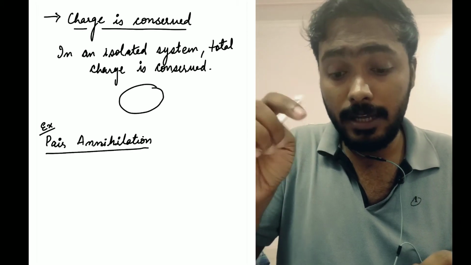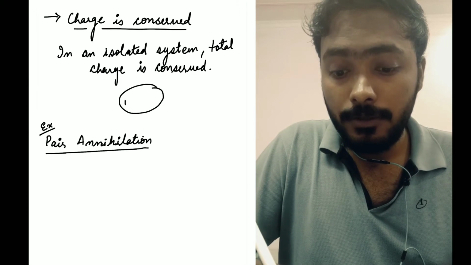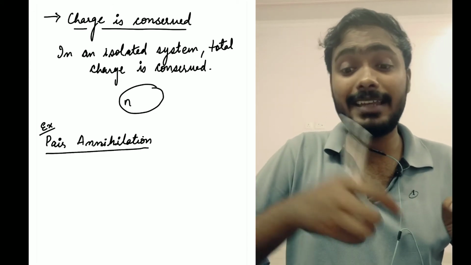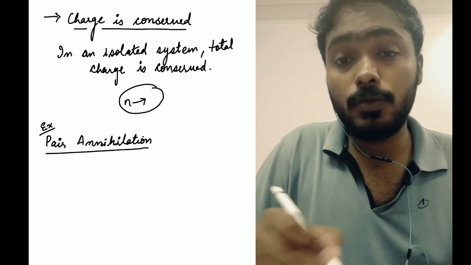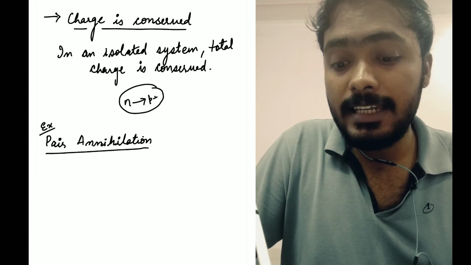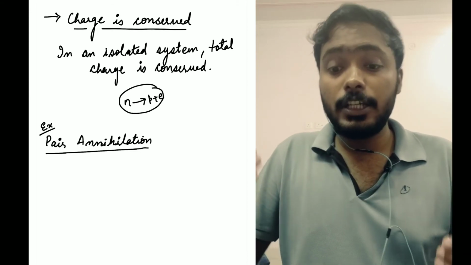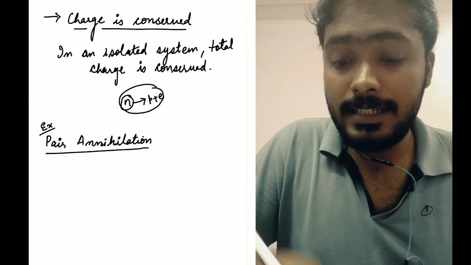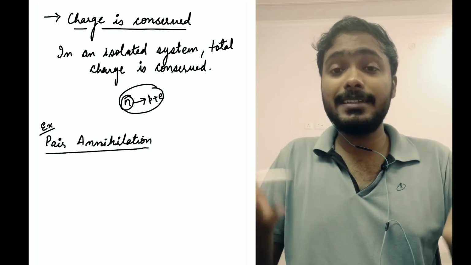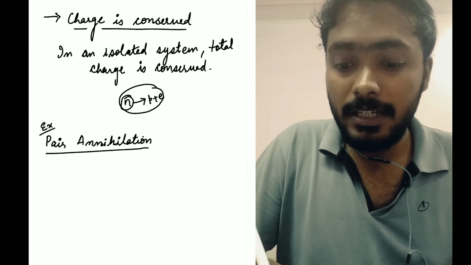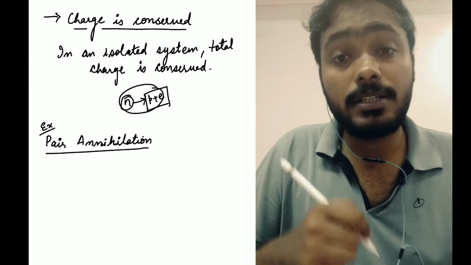In beta minus decay, a neutron, which does not have any charge, converts into a proton and a freshly evolved electron. We know neutron is a neutral particle, but it converts into proton plus electron.